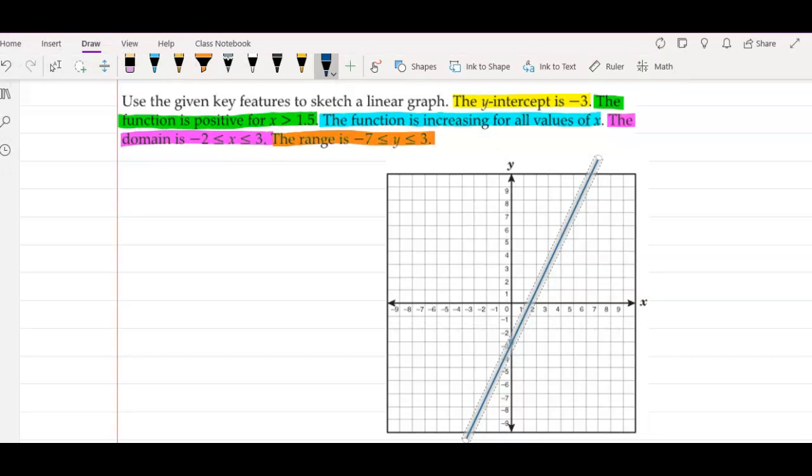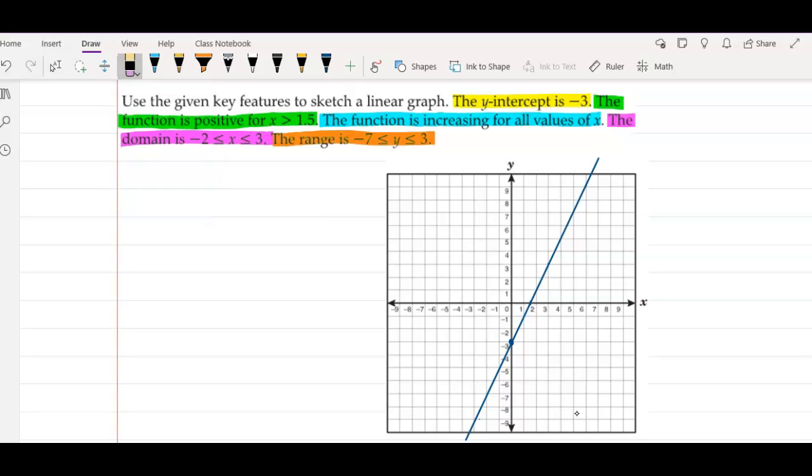I know that for all values of x greater than 1.5, it's positive. All right, it's increasing for all values of x. It's still going uphill.